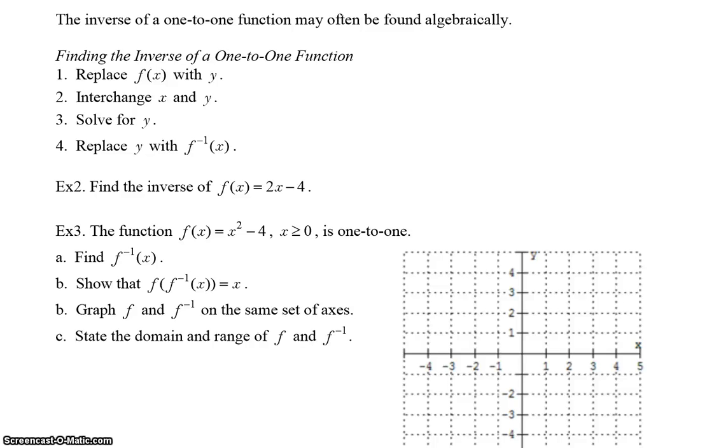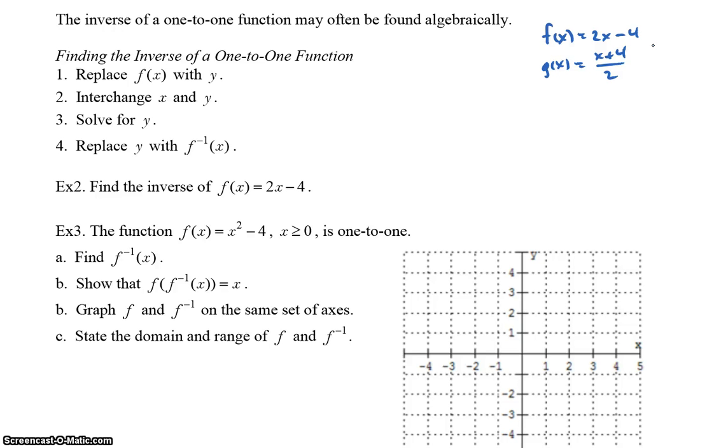You may recall in a previous example, we showed that we had f of x equals 2x minus 4, and we had g of x equal to x plus 4 over 2. And we showed that those functions were inverses using function composition.